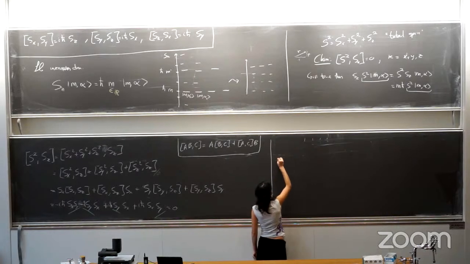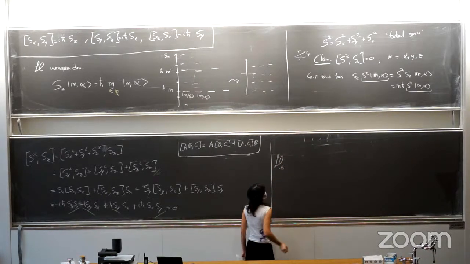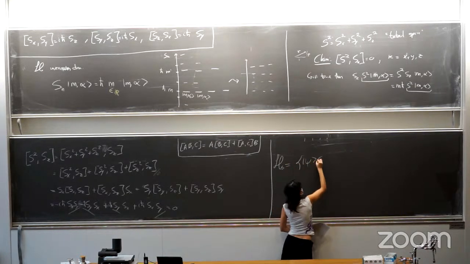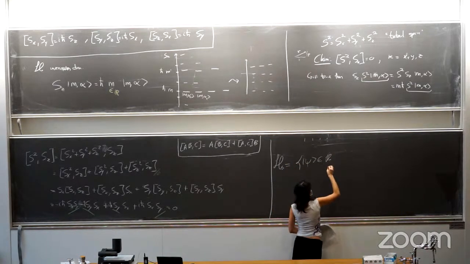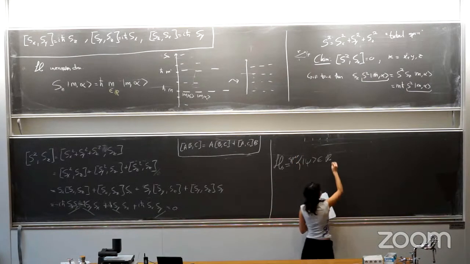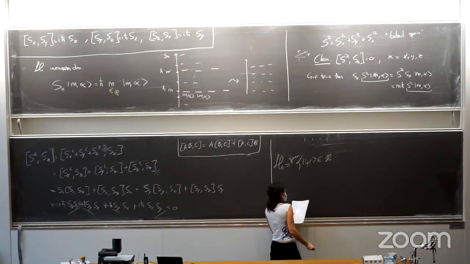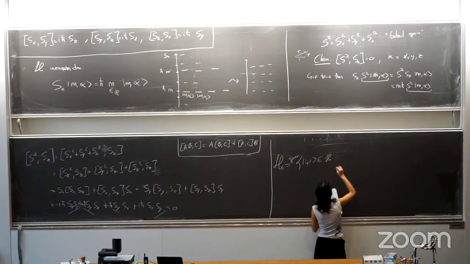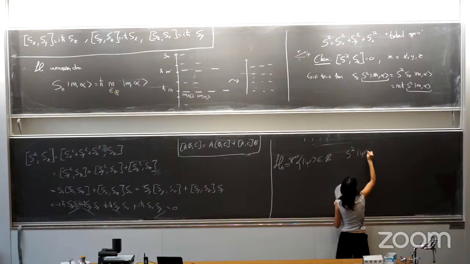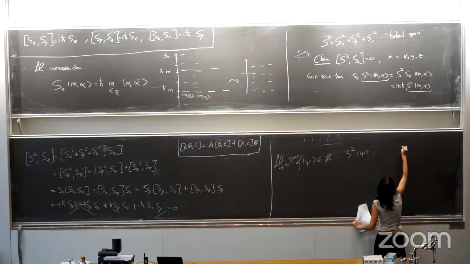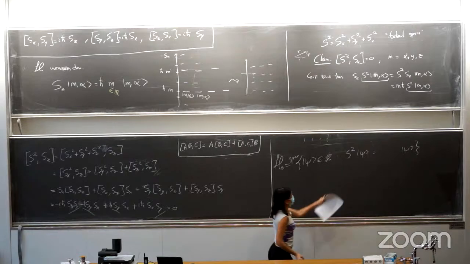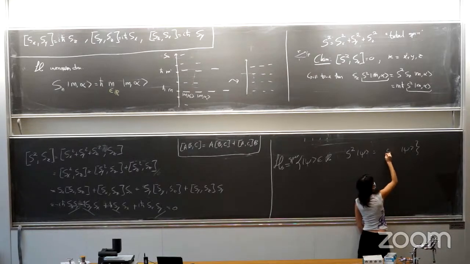These are going to be all the states, the span of all the states of my large Hilbert space that I don't know, that are eigenstates of S squared with the same eigenvalue, okay? And I could put here an eigenvalue S that I don't know, and it would be any real number.